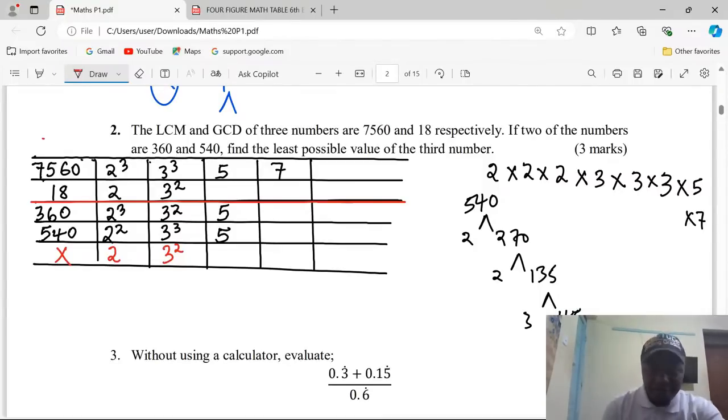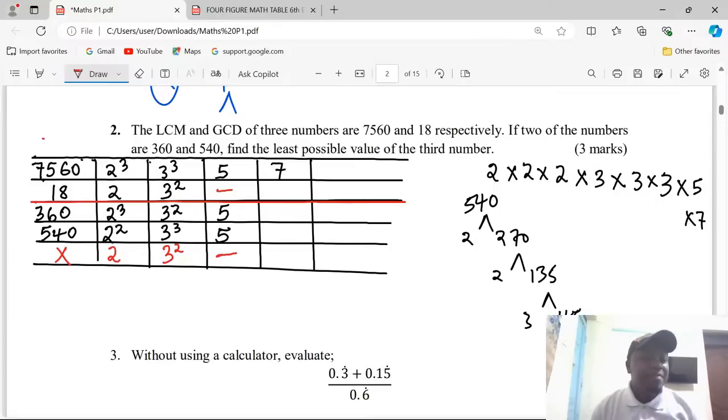When we go to 5, the 5 is not a requirement for the GCD. You can see for the GCD, there is a gap here. There is no 5. The numbers are supposed to give us 5 for purposes of the LCM, but 360, together with 540, have already given us the 5. So because it is not required for the GCD, it is also not necessary for the number which is coming in.